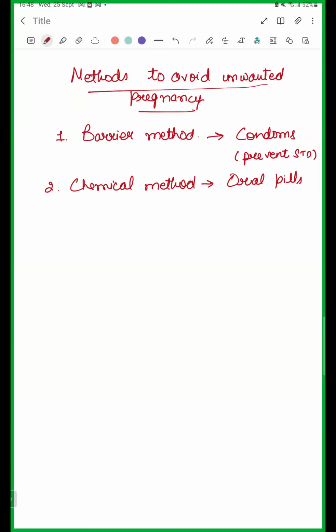You can say non-development of the zygote also. So oral pills are chemicals which lead to the killing of a particular type of cells which have been generated. They also help by obstructing certain types of hormones. So there are different ways they can act, but all in all, they help in the prevention of pregnancy. But of course, oral pills have some side effects also on the female body.